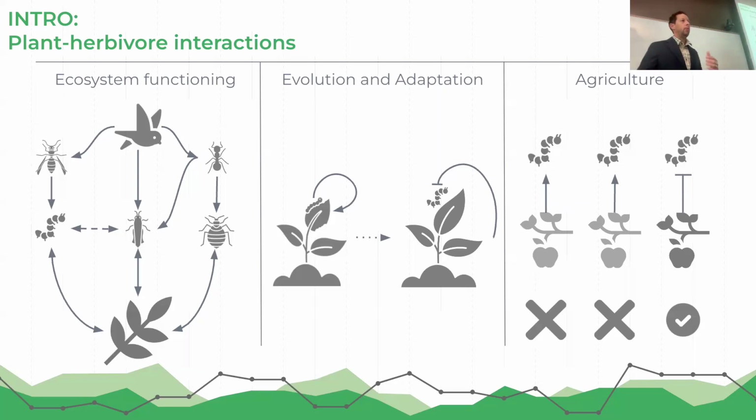In agriculture, we might have many different individuals of a particular plant species, an apple tree, let's say, and we might be selecting for individuals that show greater resistance to herbivory naturally, and then propagating those as a means to increase harvest yields. So these are three areas of many in plant-herbivore interaction research.